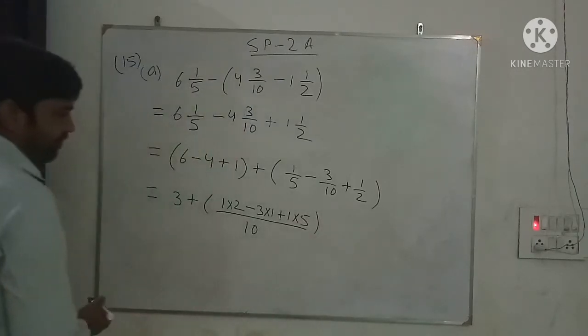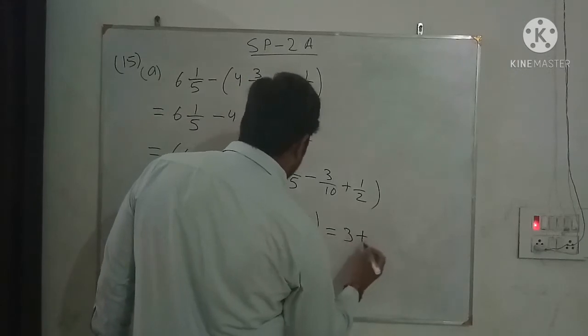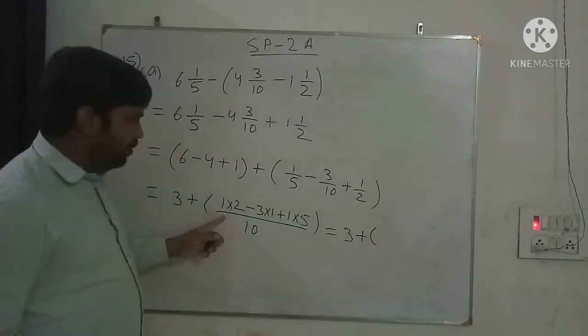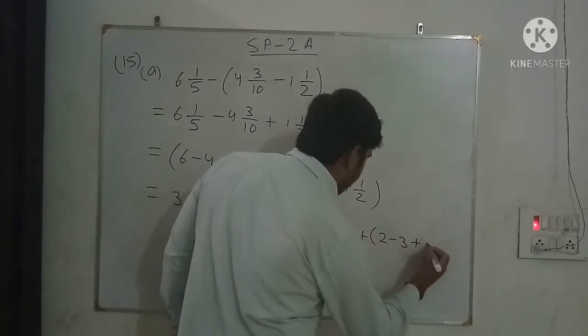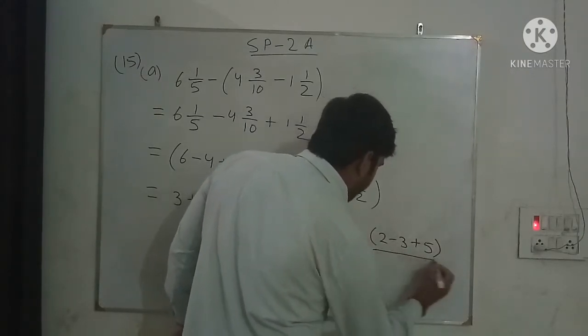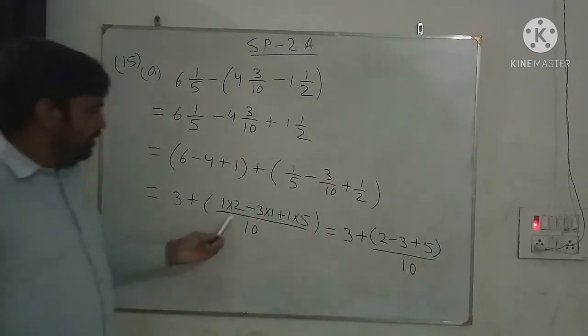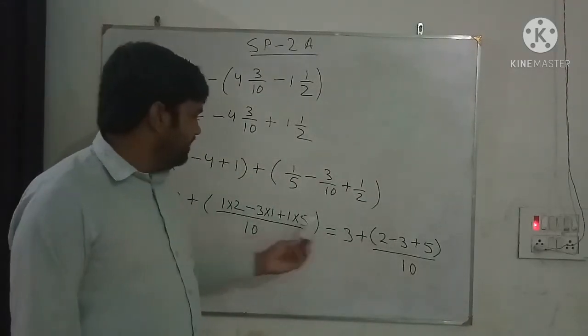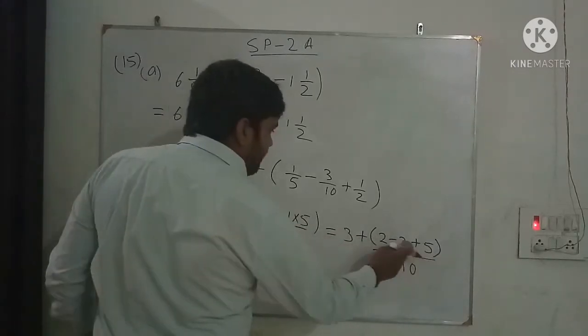Like this we got. Now see 3 plus. What result are we going to get? 2 minus 3 plus 5 is 5 upon 10. 1 twos are 2, minus 3, 3 ones are 3, 1 fives are 5. Now here 5 plus 2 is 7, minus 3 is 4.